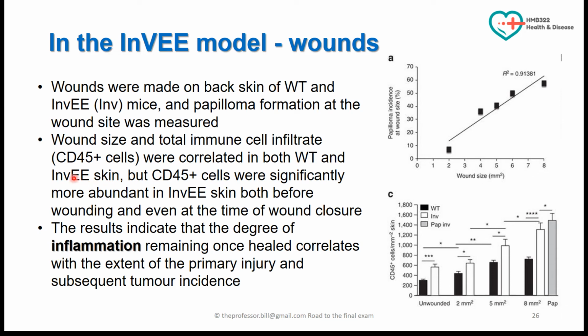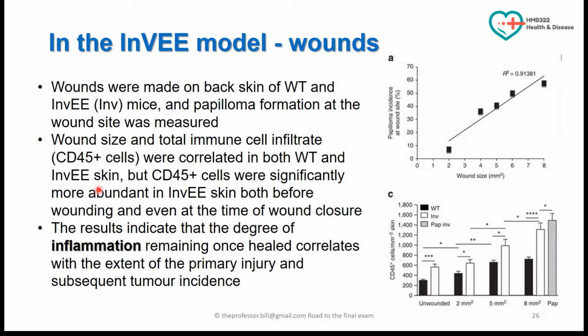If you start looking at whether immune cells come into the wound in both the NV as well as in the wild type, we look at total immune cell infiltrate, and we're just going to use a general marker for immune cells. For those of you who take immunology, you'll know many, many other cell surface markers, but we'll just use CD45 as a general marker for immune cells migrating to this area.